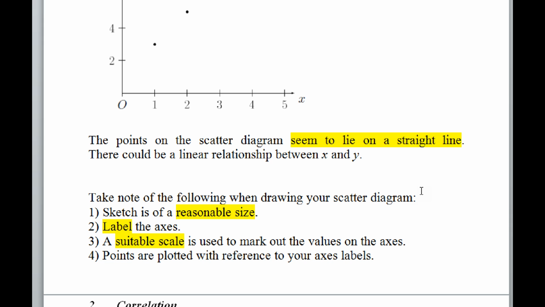Label your axis, that means if it is X and Y, or maybe stat score and language score, something like that. Point number 3, a suitable scale to mark out, of course. Points are plotted in order, that means if it is 1, 3, you don't plot 3, 1. Obvious. Okay?